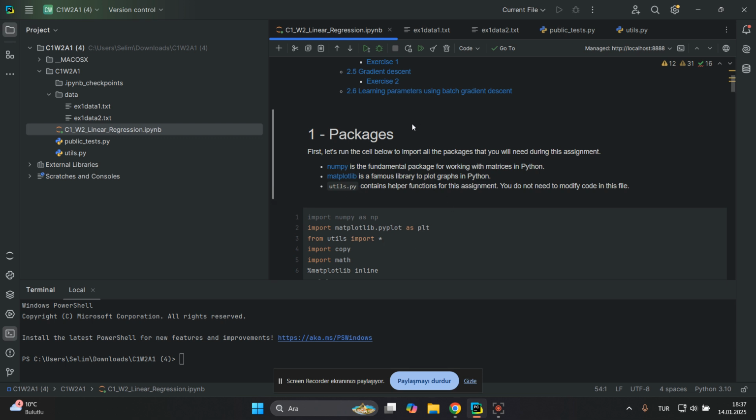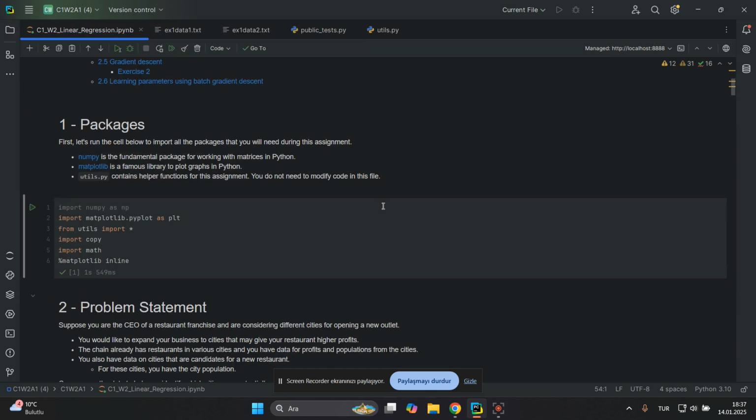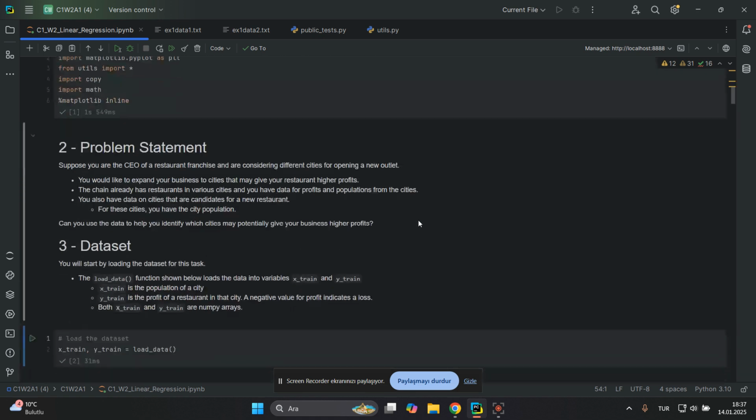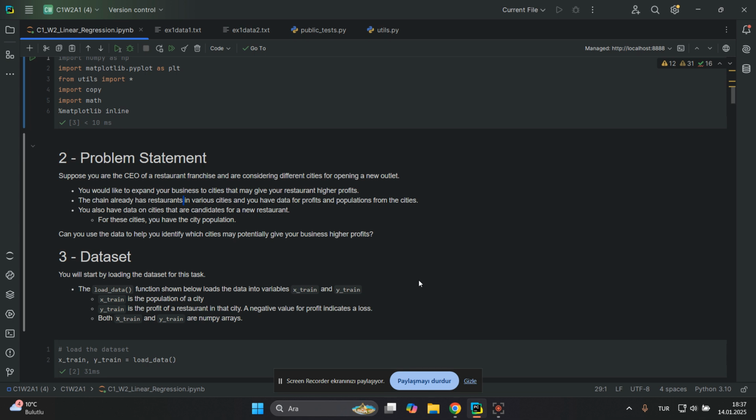Suppose you are the CEO of a restaurant franchise. Let's run it first of all. Suppose you are the CEO of a restaurant franchise and considering different cities for opening a new outlet. You would like to expand your business to cities that may give you higher profits.